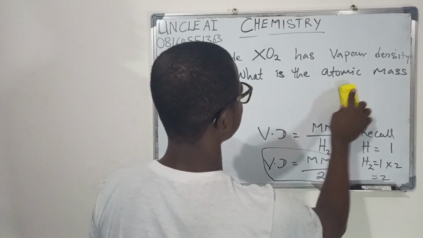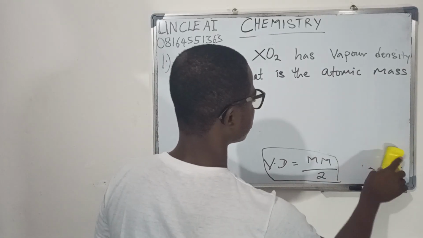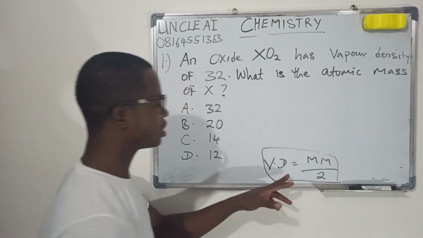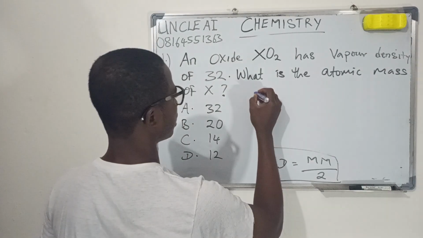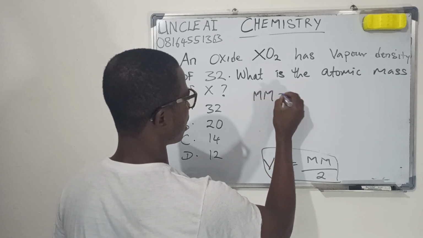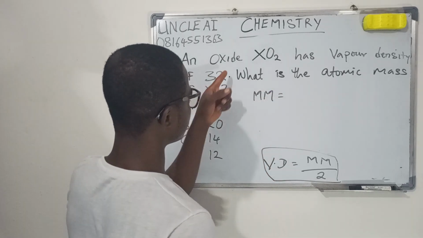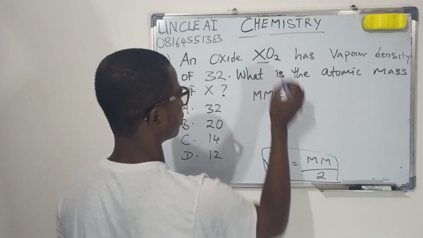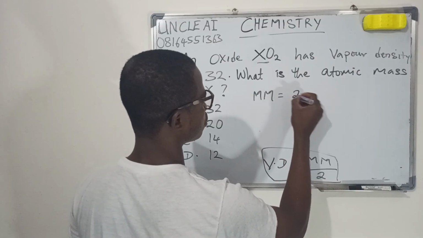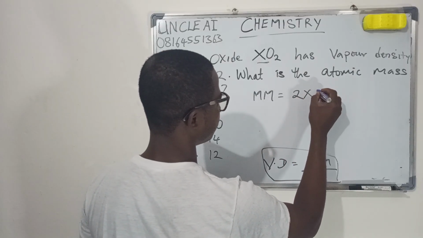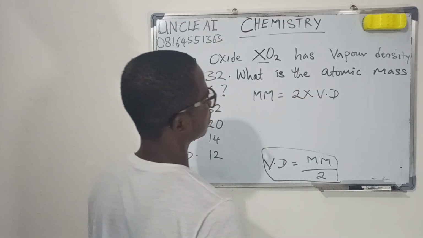Now, we can transform the relationship, and then we'll have that the molecular mass of this compound here is equal to 2 multiplied by the vapor density.